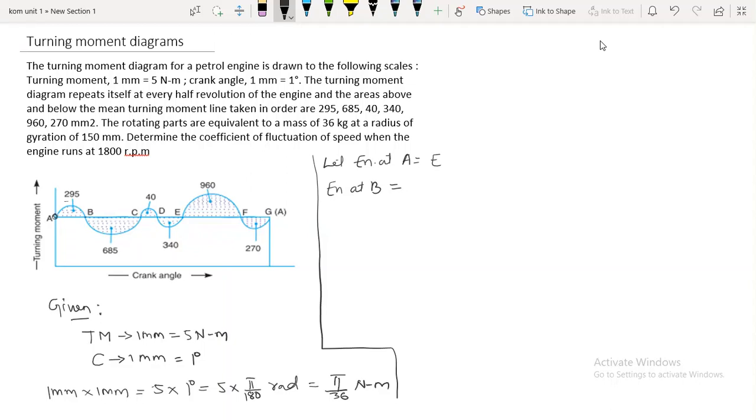Why is it plus 295? Because this area is above the mean turning moment line.